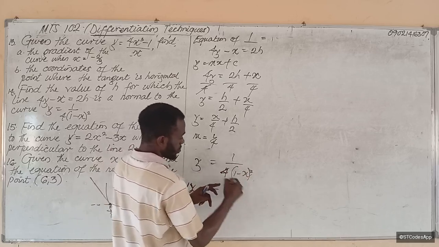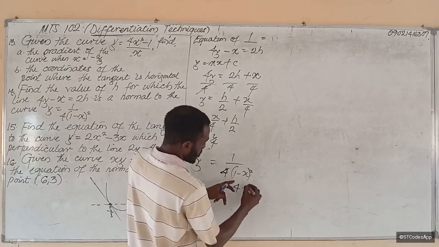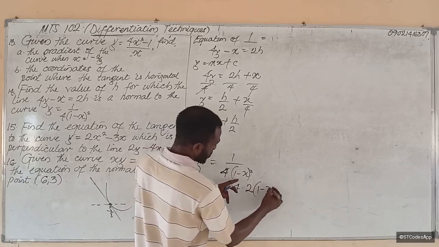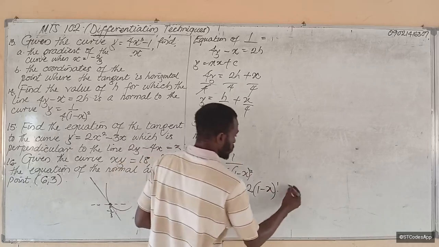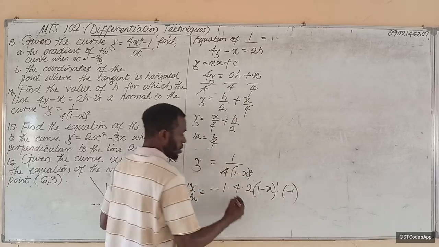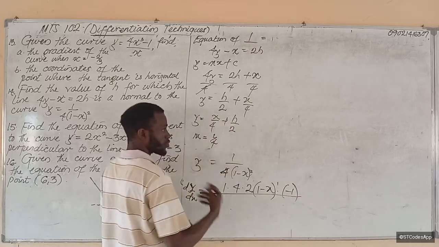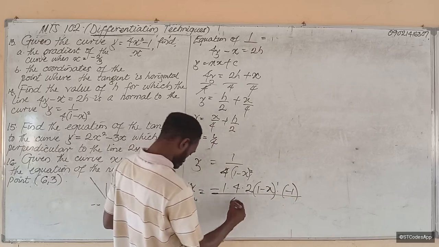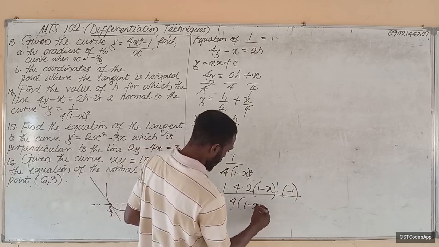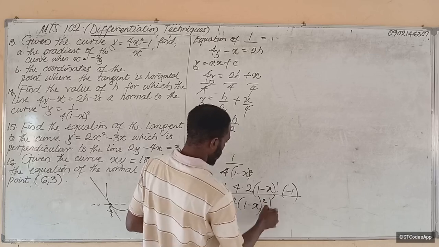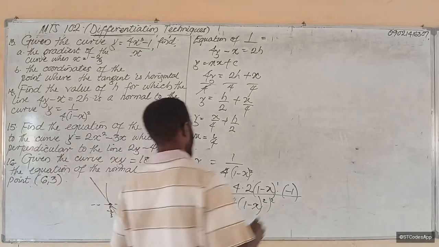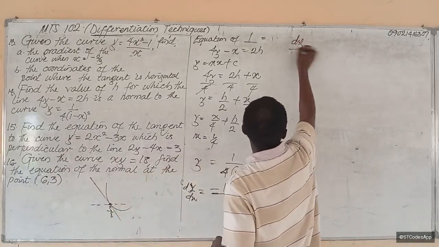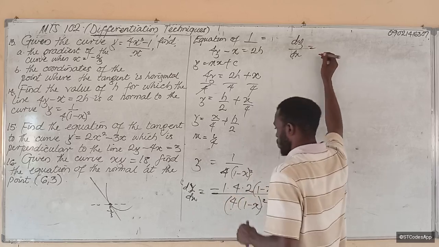To differentiate the bottom, I'm going to have 4 dot 2 into bracket 1 minus x raised to power 1, dot the derivative of the inner function, which is minus 1, all over the bottom squared. What's the bottom? 4 into bracket 1 minus x over 2 all squared. So dy dx will now be equal to what?